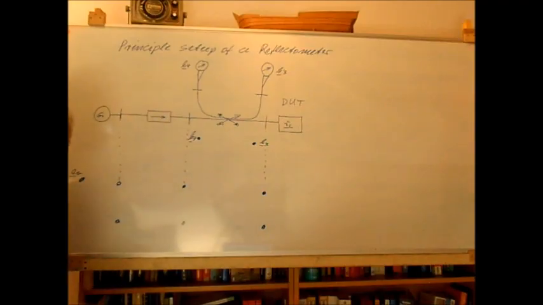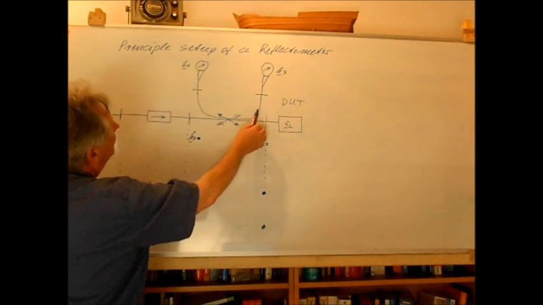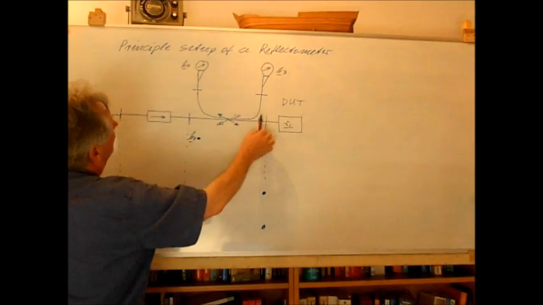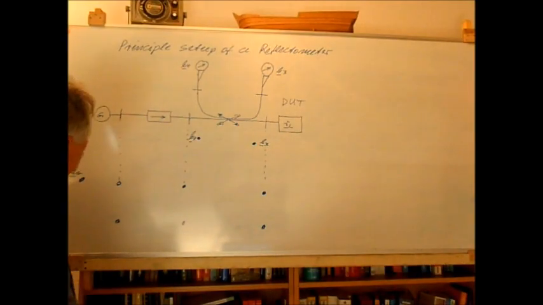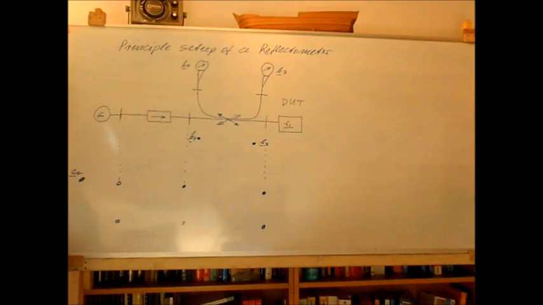To protect the generator we use a one-way transmission line, and the essential element will be our directional coupler. Now I just want to sketch the signal paths which are relevant.